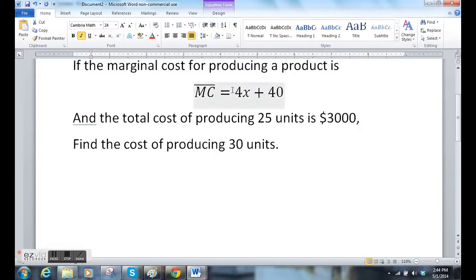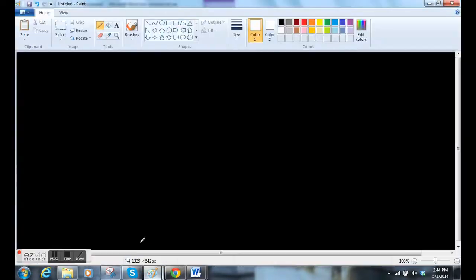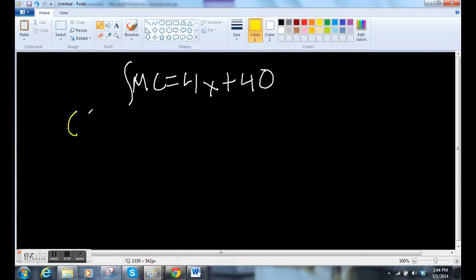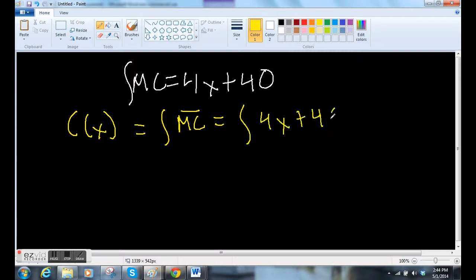So the marginal cost is 4x plus 40. Step 1, integrate. This should not be the most challenging integration we have done. Our cost function, c of x, is equal to the integral of the marginal cost, the integral of 4x plus 40 dx.